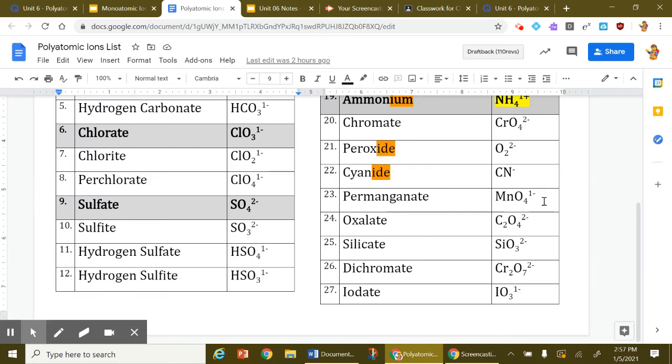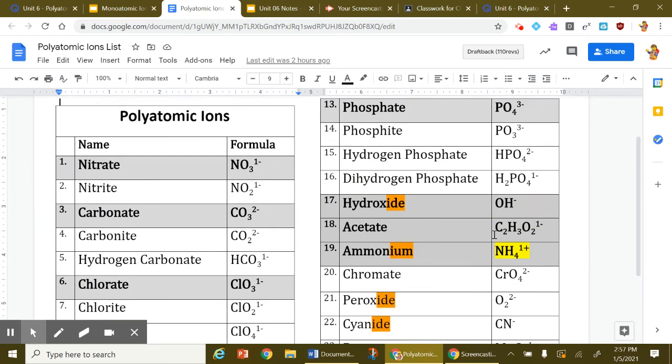In fact, you have a list attached to this assignment with the names, formulas, and charges of the most common polyatomic ions. You'll see most of them end in ate or ite. A few of them end in ide. One of them ends in ium, ammonium, which is NH4 with a 1+ charge.